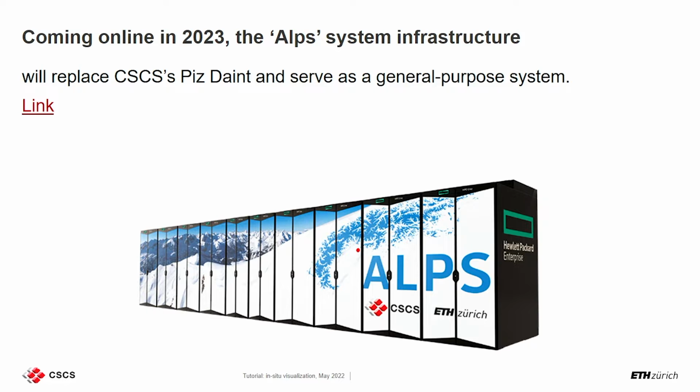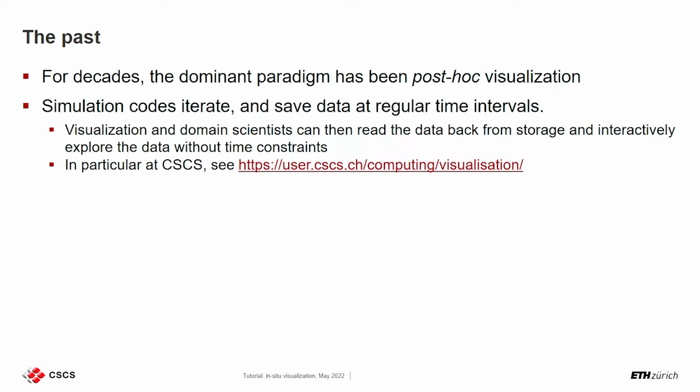Coming online next year, I guess, 2023, will be the Alps system infrastructure, which will replace PITSDAINT. The Alps is also, I guess I shouldn't say Cray, I should say an HPE compute server. So this will be the shape of Alps replacing DAINT next year.